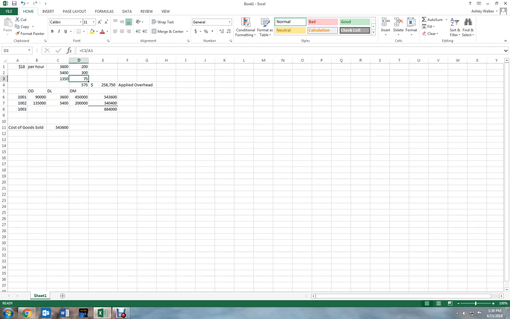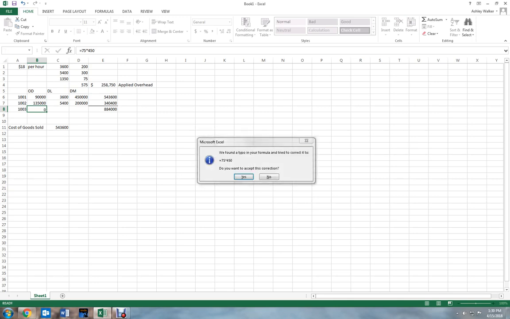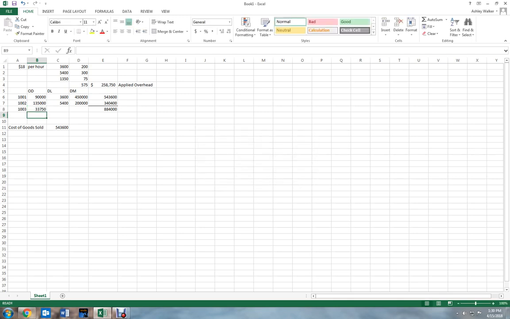So we had 75 direct labor hours. Remember, our multiplier is $450 per direct labor hour. So we would have had $33,750 in overhead costs for 1003.